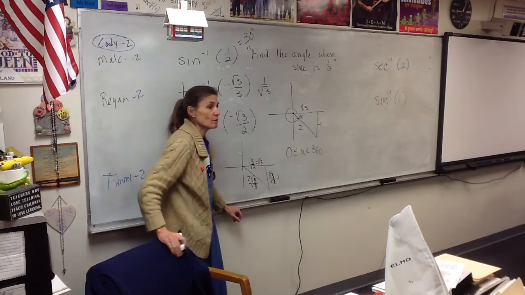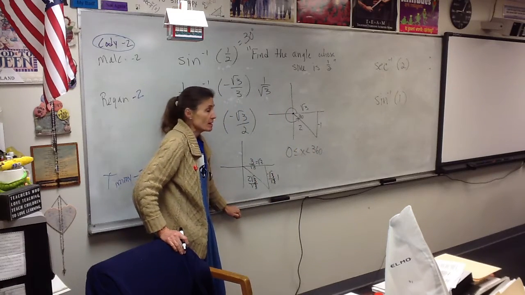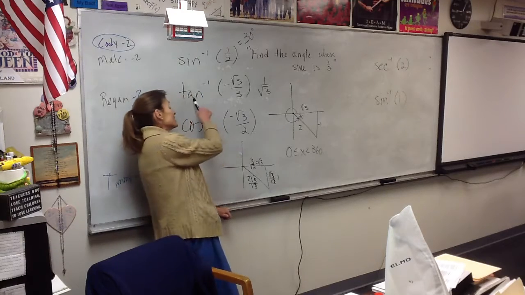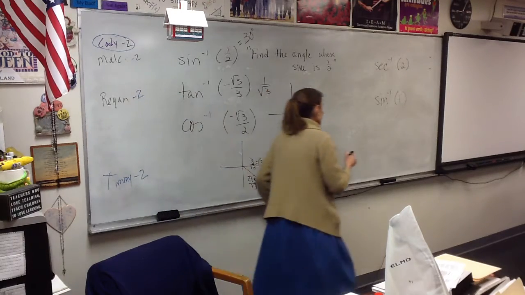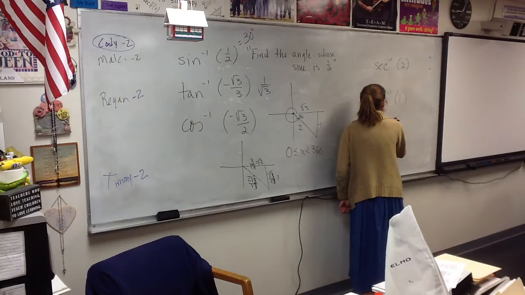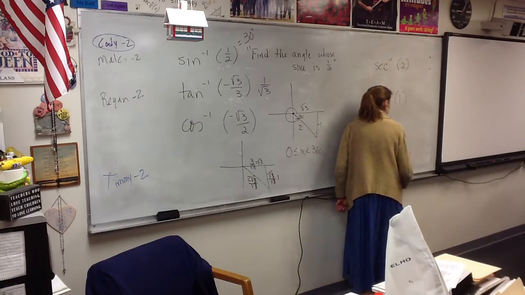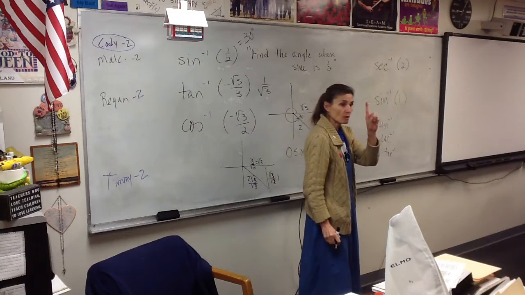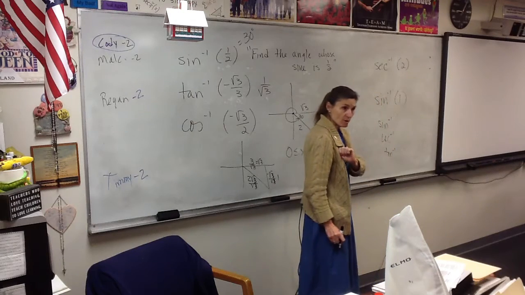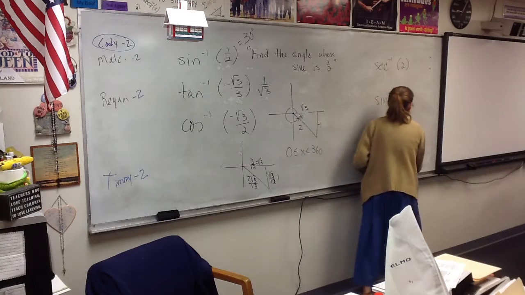So you said 330, and you were right. But with this notation, if you are a sine, a cosecant, or a tangent, you only exist in quadrants 1 and 4. Right, we talked about that.